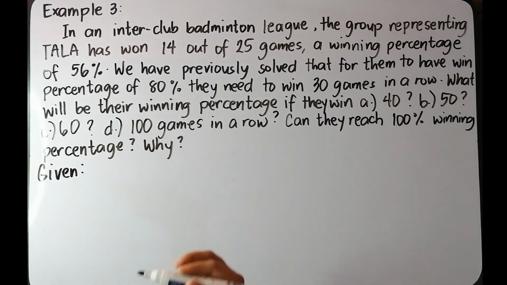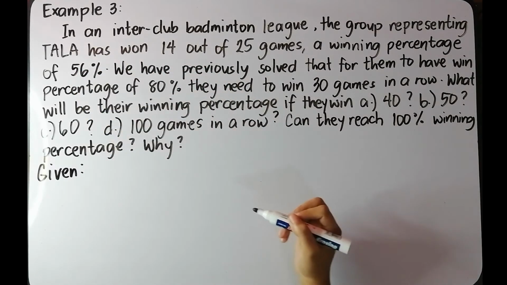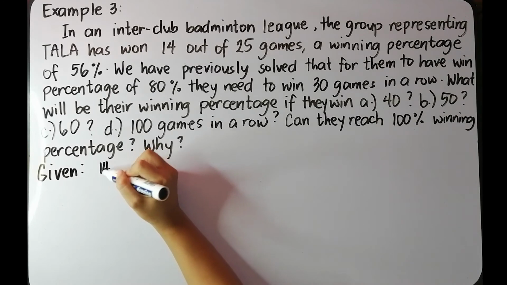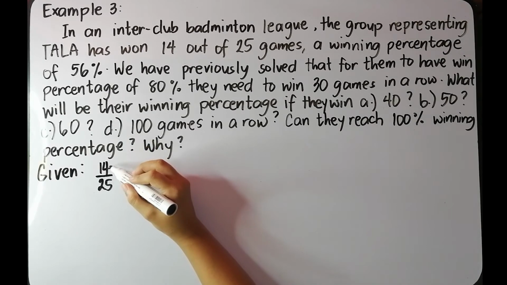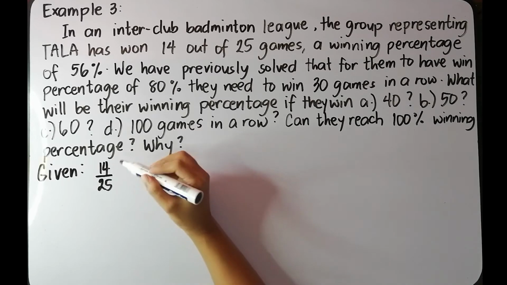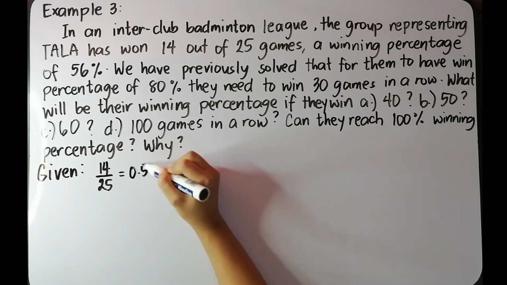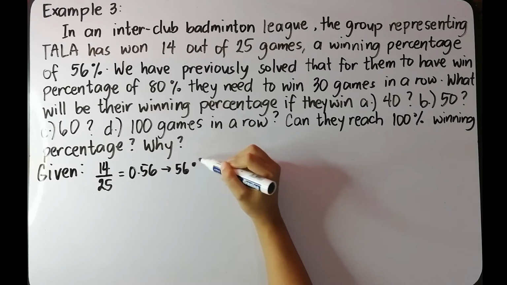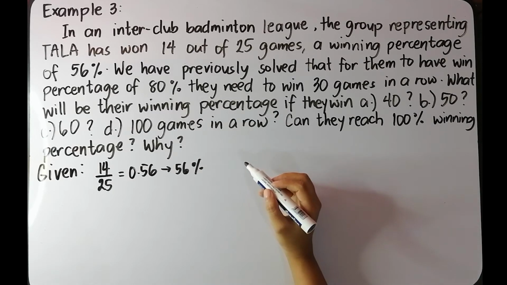Our given is a 56% winning percentage because we have 14 wins out of 25 games. So 14 divided by 25, we have 0.56. That is why we have a 56% winning percentage.